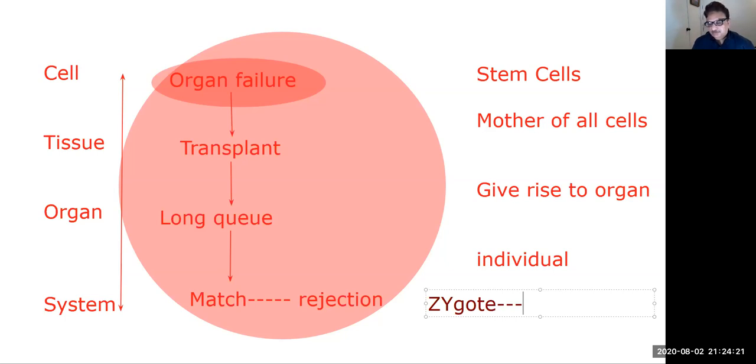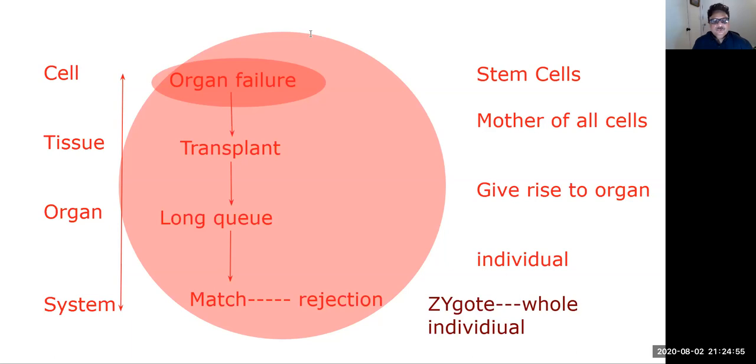The zygote is a single cell and it has a program that can lead to the development of a whole individual. So the zygote has that capability.